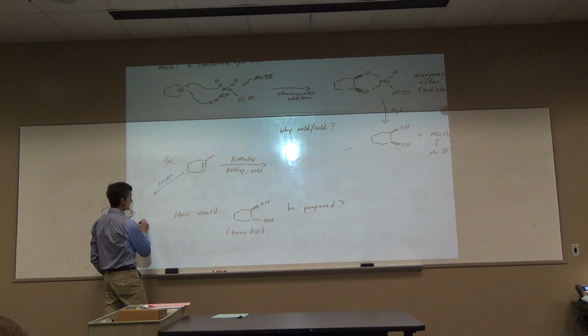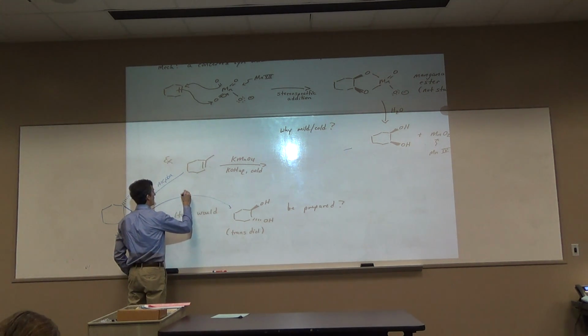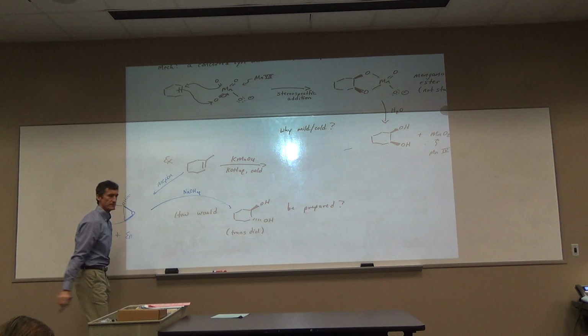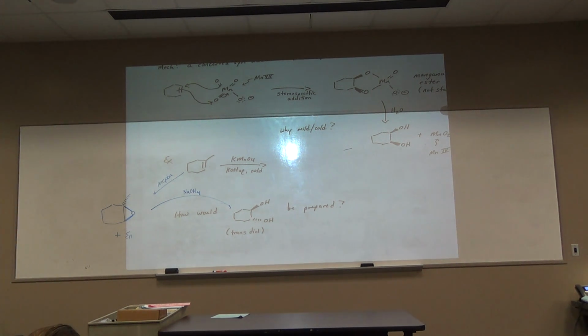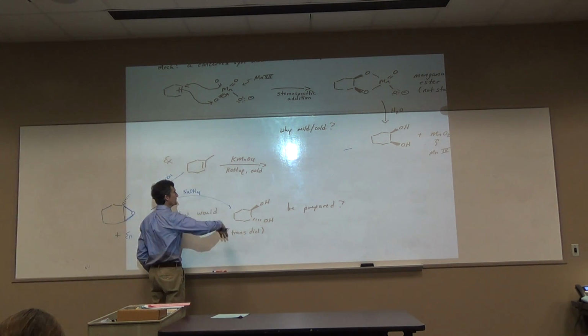Two ways you could do this. We could convert this to this using sodium hydroxide, aqueous. That would give that product. I'm sorry. Down here I don't have the methyl group. I should have included the methyl. They're kind of separate.